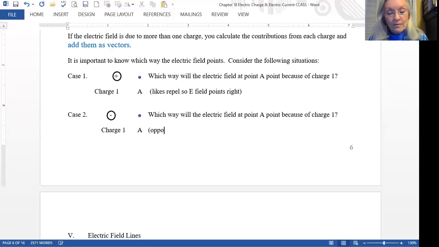And so what that means is that our E field points left. Our free positive test charge would be attracted to our negative charge. It would go left. All right.